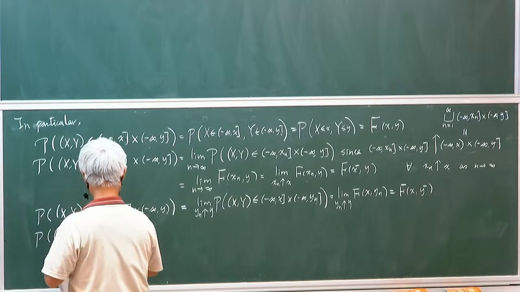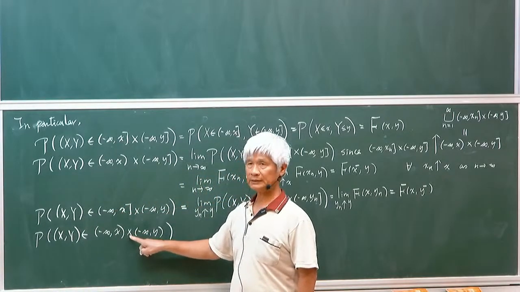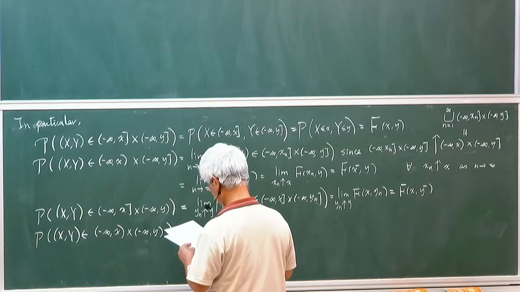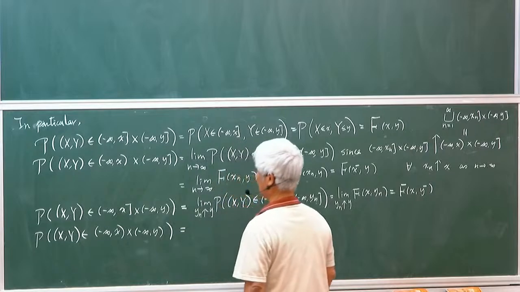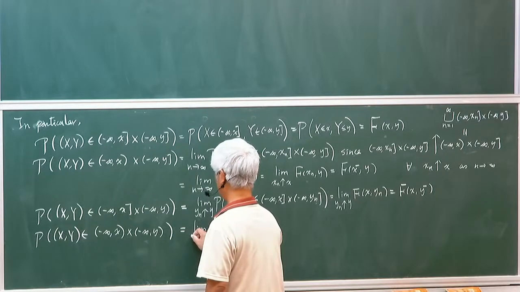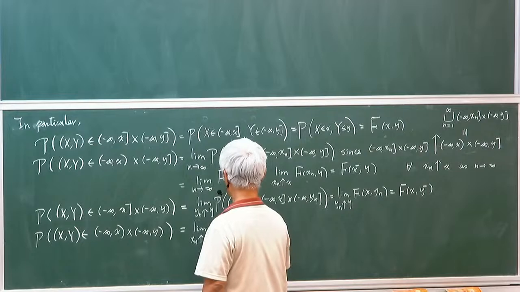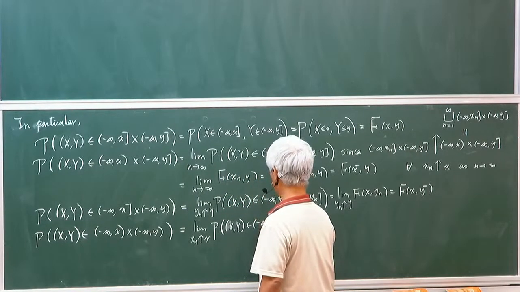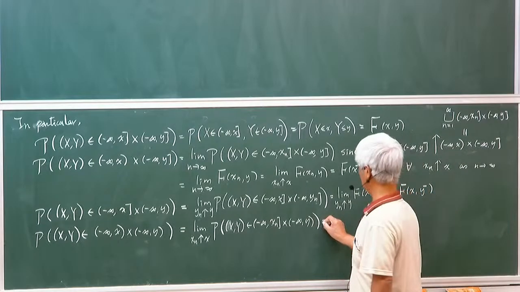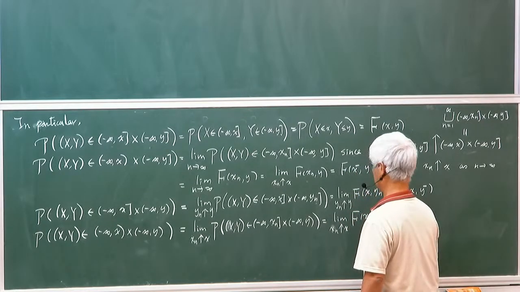Now the 2-cell is a Cartesian product of two semi-infinite open intervals. We can use x_n going up to x: the probability that (X, Y) is in minus infinity to x_n crossed with y. This is the limit as x_n goes up to x of F of x_n and y minus.